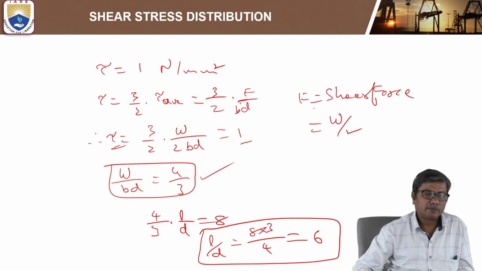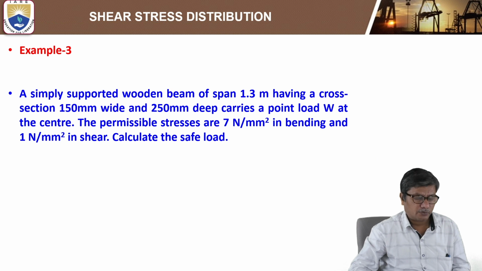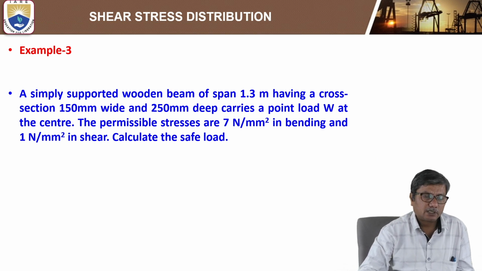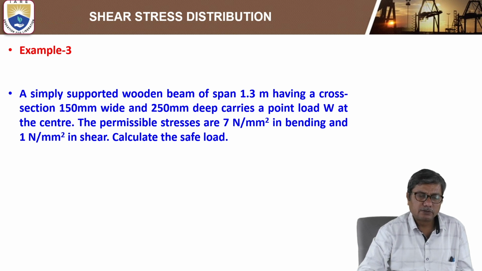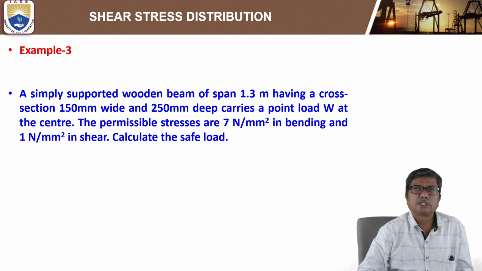Another example: a simply supported wooden beam of span 1.3 meters having a cross section of 150 mm wide and 250 mm deep carries a point load W at the center. The permissible stresses are 7 Newton per mm square in bending and 1 Newton per mm square in shear.